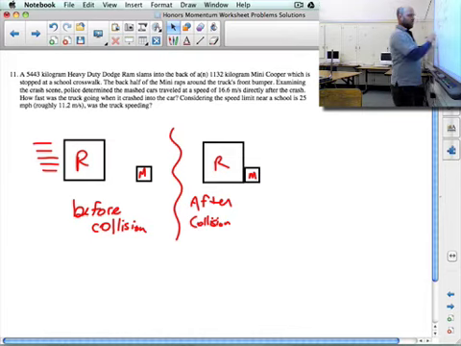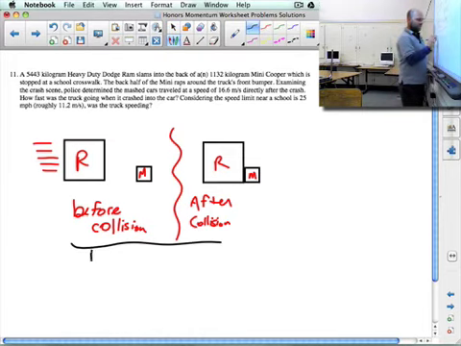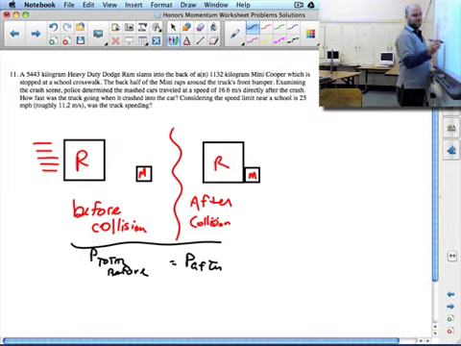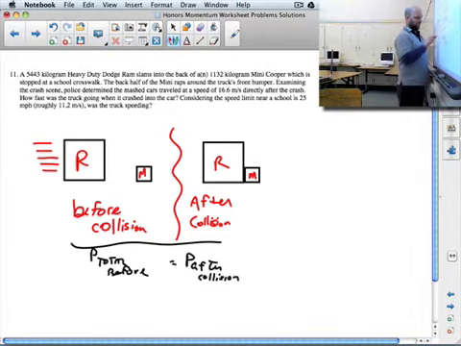So the total momentum before the collision has to equal the total momentum after the collision. And this is a vector relationship. So pretty cool.